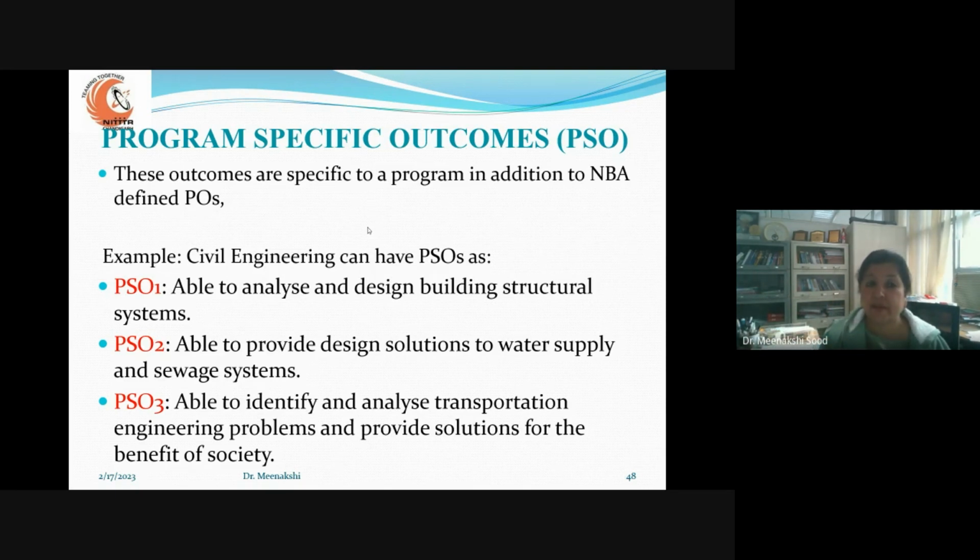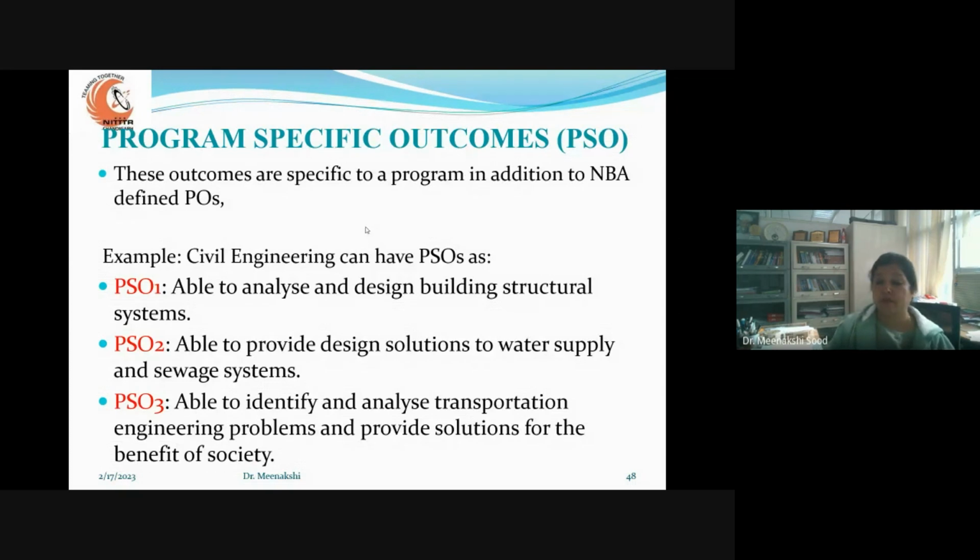There is one flexibility given by NBA, that is framing the program specific outcomes. These program specific outcomes can be framed to depict something not being covered under the POs. If you feel that in my department, say environmental engineering, the POs or the graduate attributes are not doing the entire justice, we can frame the PSOs specifically for that program, not for the department, but for the program.